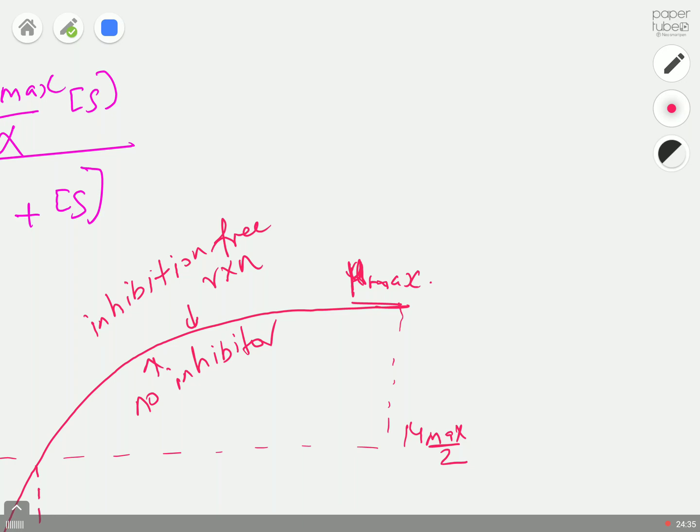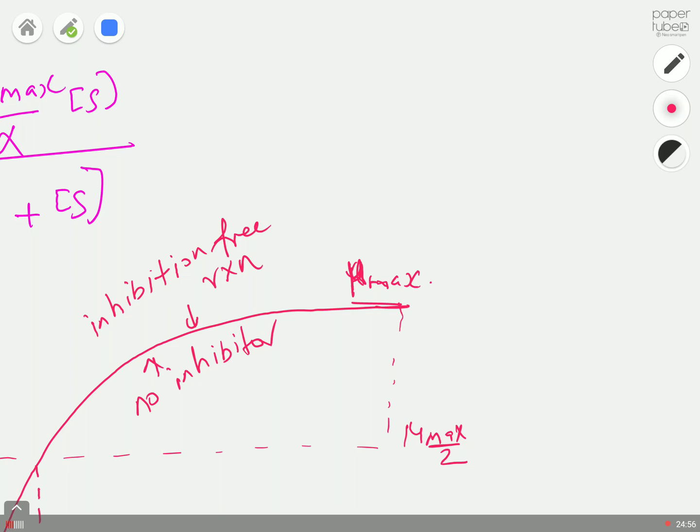There are no inhibitors. And then let's assume we are repeating the experiment again in presence of an inhibitor. This time we have an uncompetitive inhibitor.